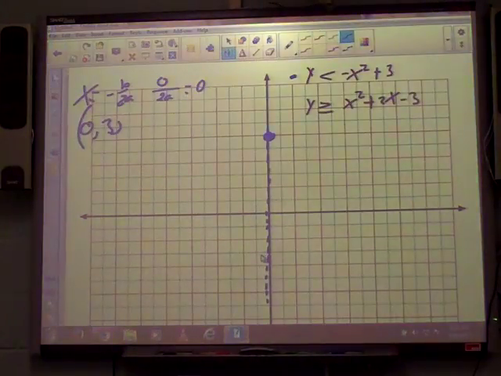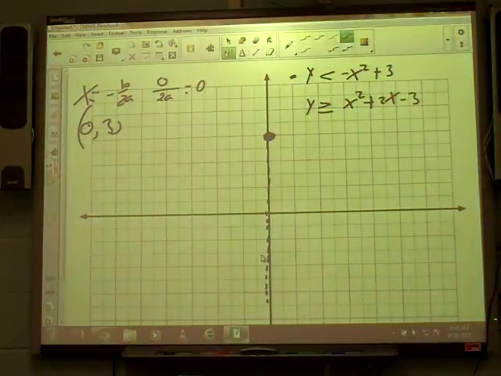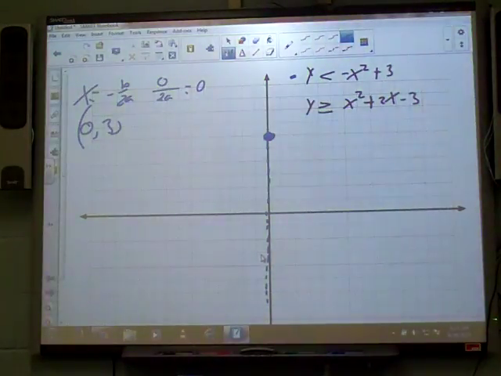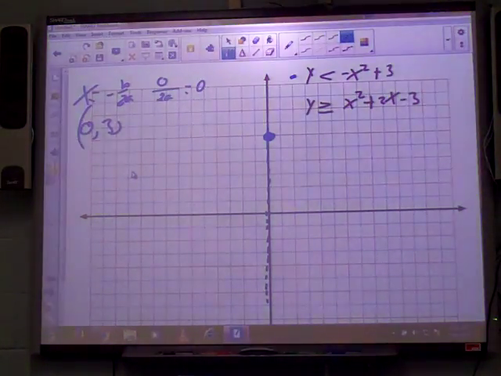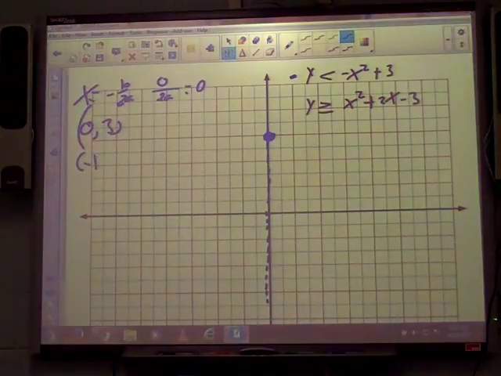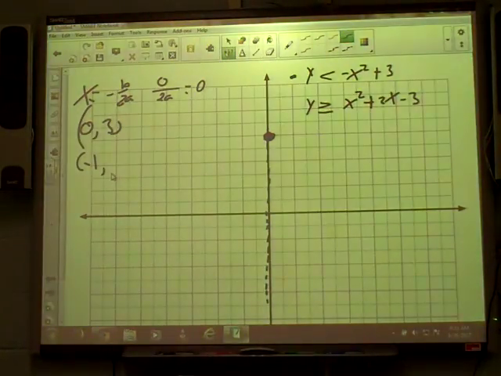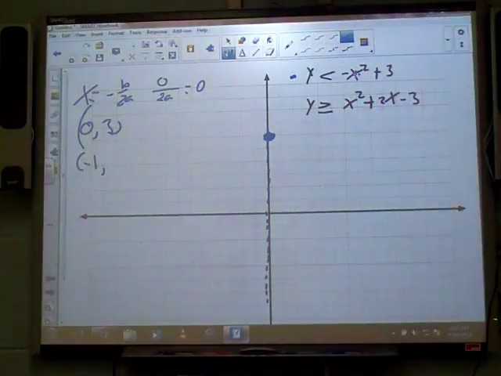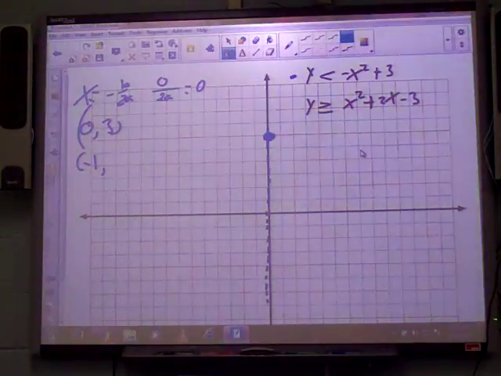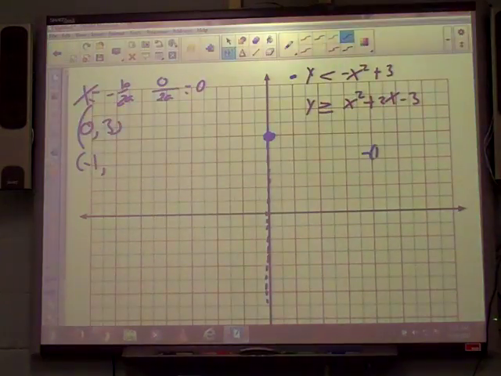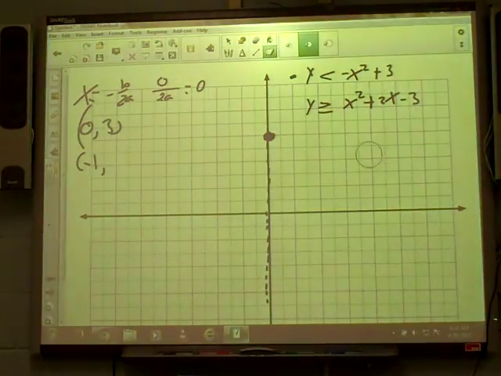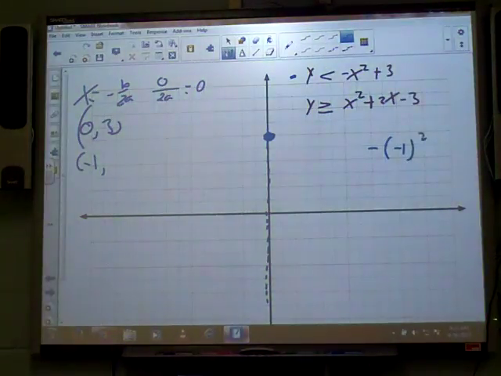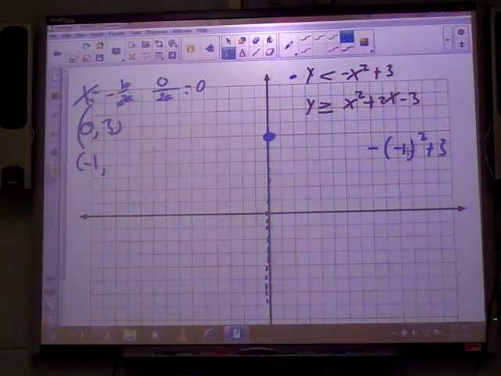Okay, pick a point. Can't pick 0 this time because I've already got it. So pick another point. 5, -1, 2. Okay, I'm going to go with -1. I could, 5 would work, Trevor. I just don't feel like counting to 5. I can count to -1. Now plug that in. Still got the negative out front, so -1 squared plus 3. -1 squared is 1.